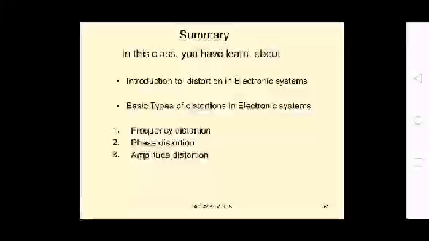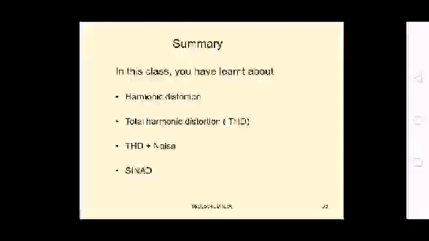So in this class we have learned the introduction to what distortion is and the basic types of distortion: frequency distortion, phase distortion, and amplitude distortion. In amplitude distortion we have intermodulation distortion and harmonic distortion.